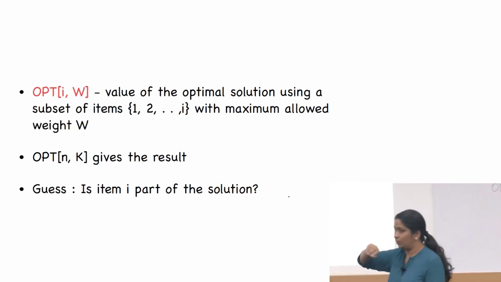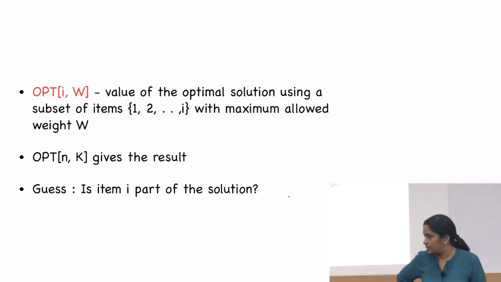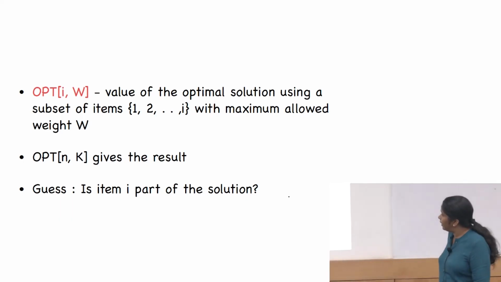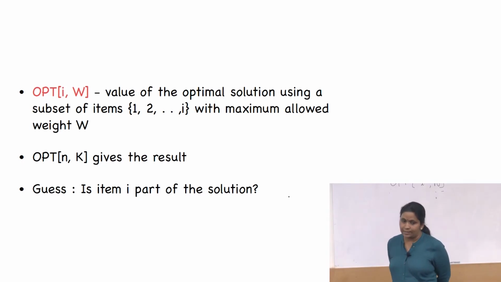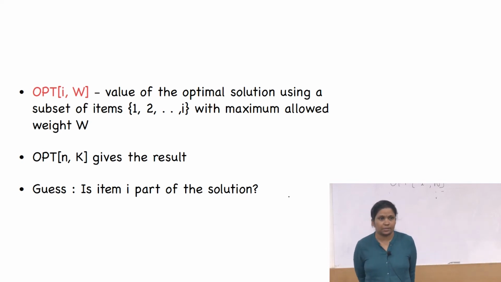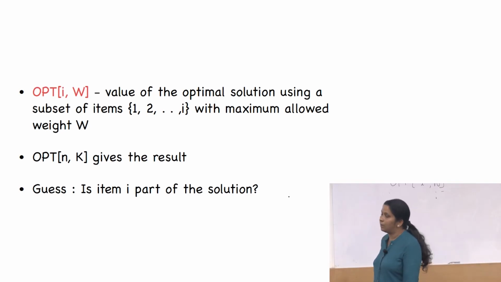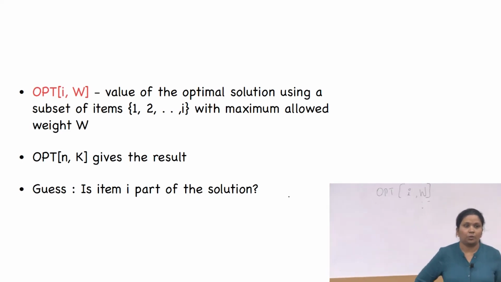Even before going there, do you want to guess anything else? Let's try this. Recall what I am trying to solve: the maximum value of items from 1 to I that I can pack such that my capacity is within capital W. Is item I part of the solution?